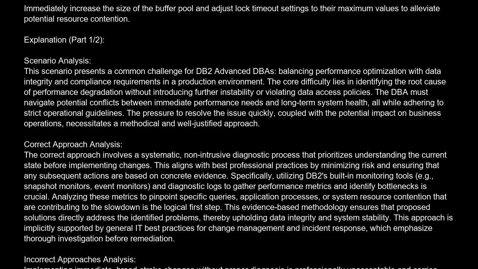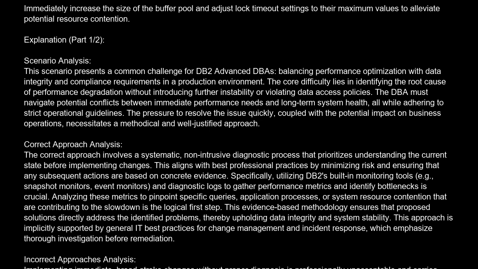Correct approach analysis. The correct approach involves a systematic, non-intrusive diagnostic process that prioritizes understanding the current state before implementing changes. This aligns with best professional practices by minimizing risk and ensuring that any subsequent actions are based on concrete evidence. Specifically, utilizing DB2 built-in monitoring tools, e.g., snapshot monitors, event monitors, and diagnostic logs to gather performance metrics and identify bottlenecks is crucial.